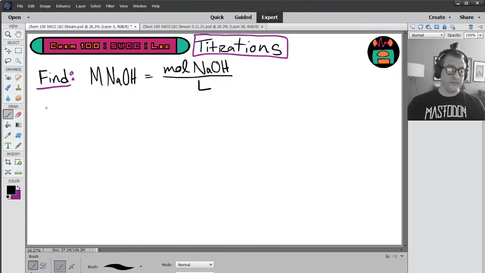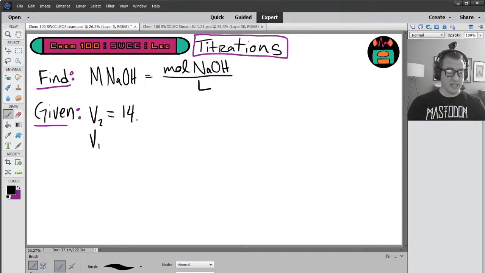Now let's look at what we're given. First, we're given an initial and final volume. Our final volume is 14.96 milliliters. Our initial volume is 1.03 milliliters.